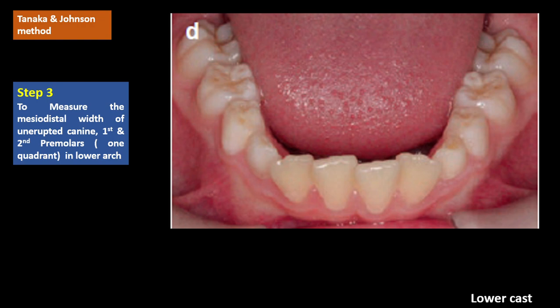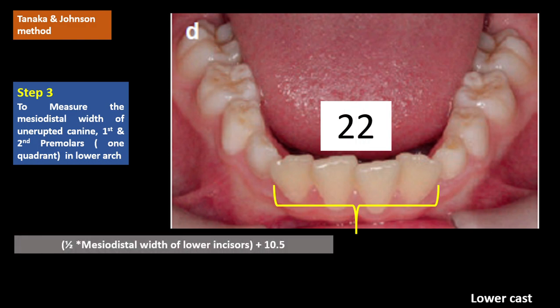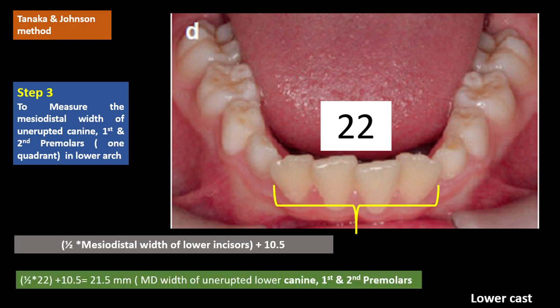In step 3, to measure the mesiodistal width of the unerupted canine and first and second premolars in the lower arch, remember we have the mesiodistal width of the erupted incisors and we have an equation. We divide the mesiodistal width of the lower incisors by 2.